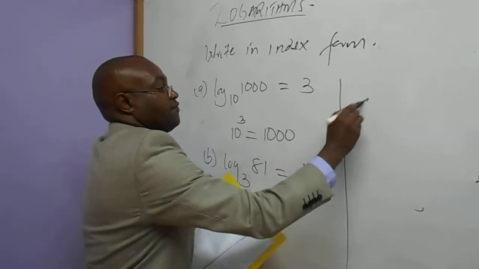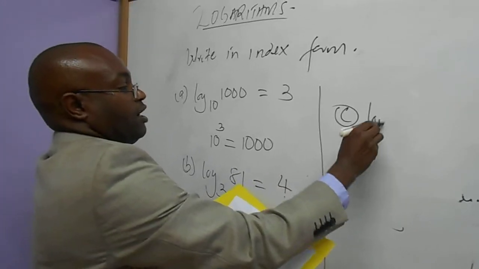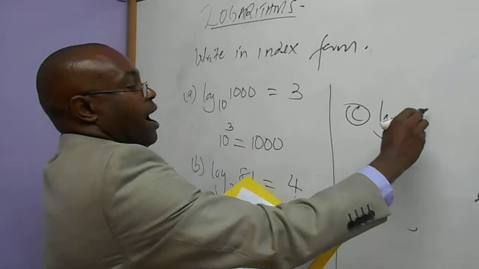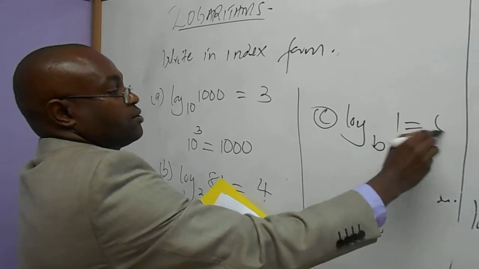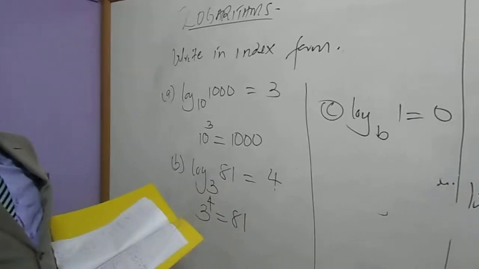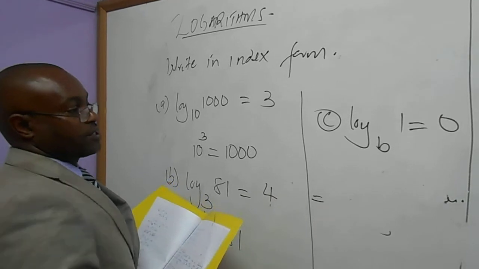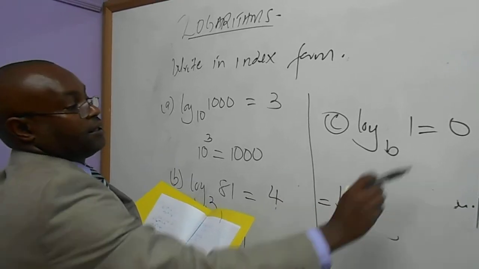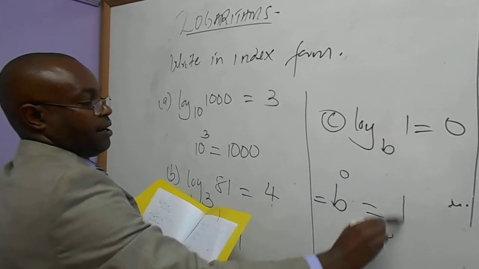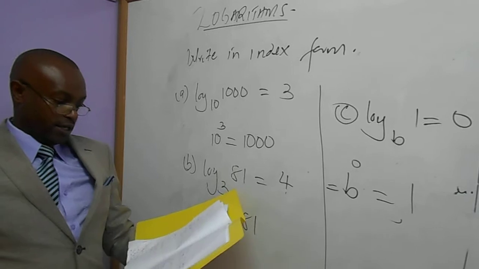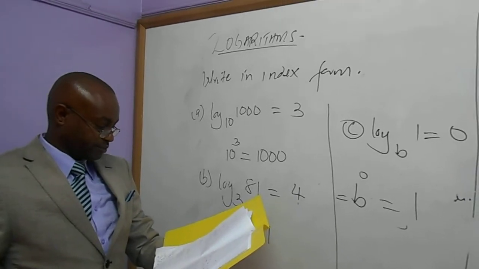If you also have another problem, log of 1 to base b equals 0. Again, we take the base, which is b, raise it to the logarithm, which is 0, equal to the number, and b raised to 0 is 1. If you recall, we had looked at this kind of problem.